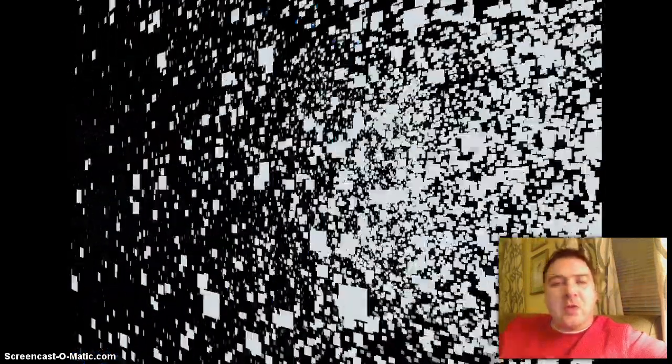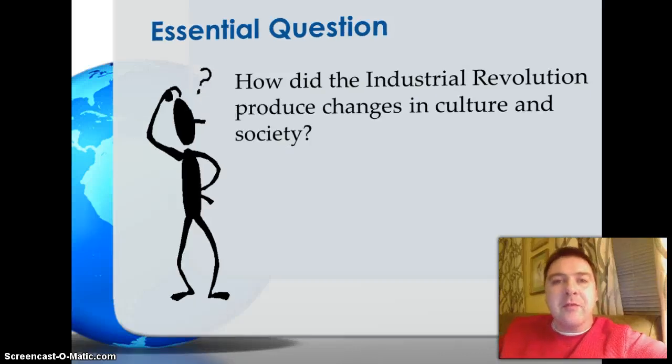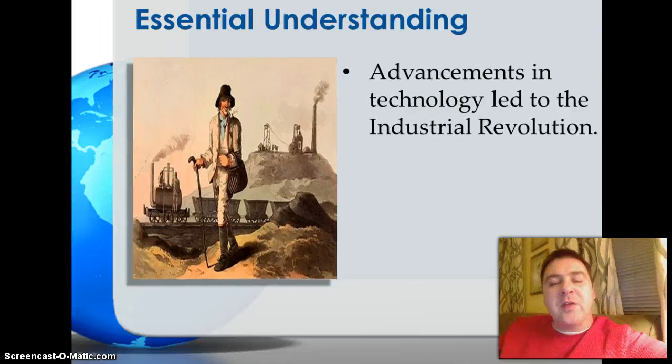The essential question for this portion of the standard is, how did the Industrial Revolution produce changes in culture and in society? So we'll take a look at a couple of different things here in this presentation. Our first piece of essential understanding is that advancements in technology led to the Industrial Revolution.